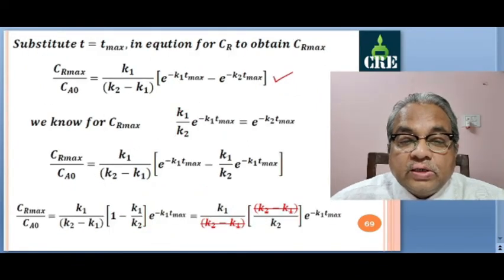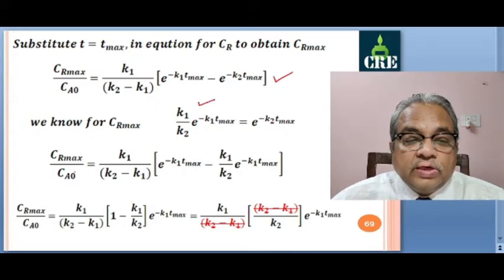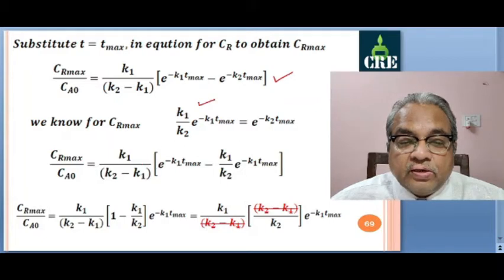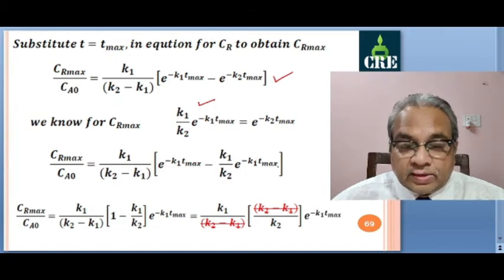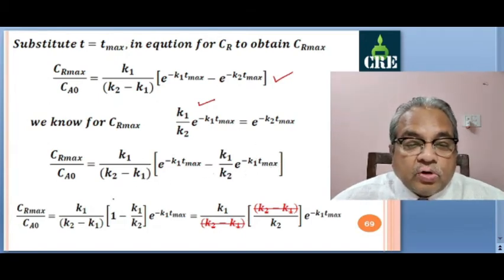So I can write it as K1 by K2 e raised to minus K1 t max, and that is equal to e raised to minus K2 into t max. So this second term I will substitute in CR max by CA0 equals K1 by K2 minus K1 into bracket e raised to minus K1 t max, and this term is replaced by K1 by K2 e raised to minus K1 into t max. So if you solve for this, it is the same term.